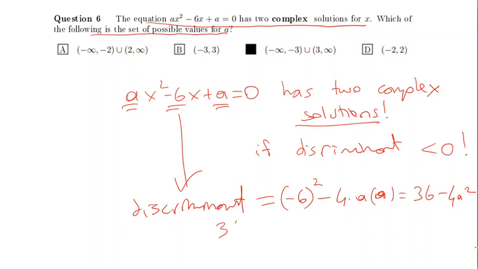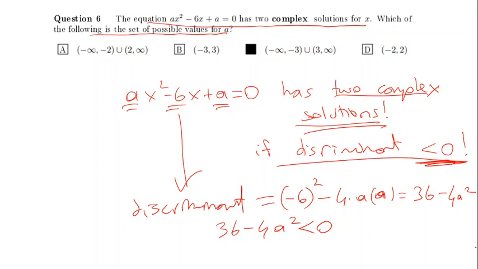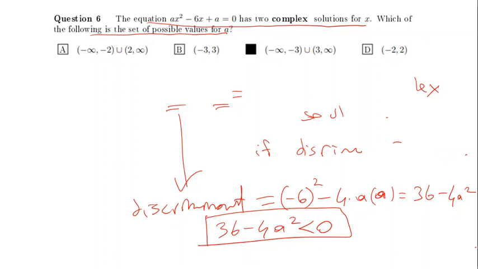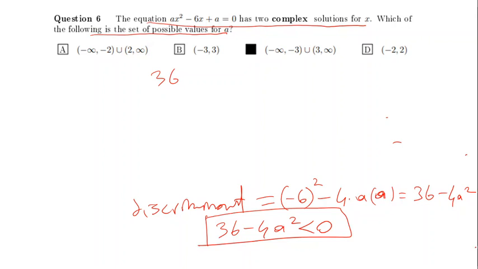So we need to solve this inequality now. Because of this, it has two complex solutions if the discriminant is less than 0. So we have to solve this. Now let's remember the steps here. Okay, 36 minus 4a squared less than 0.